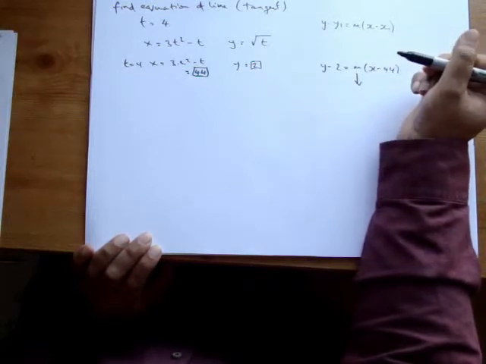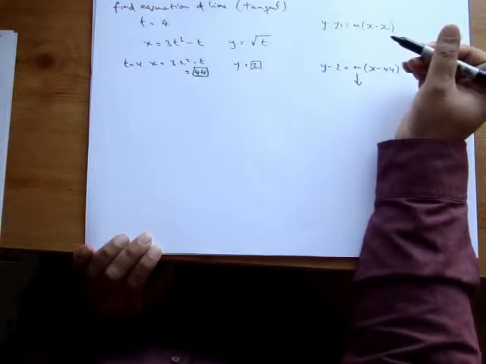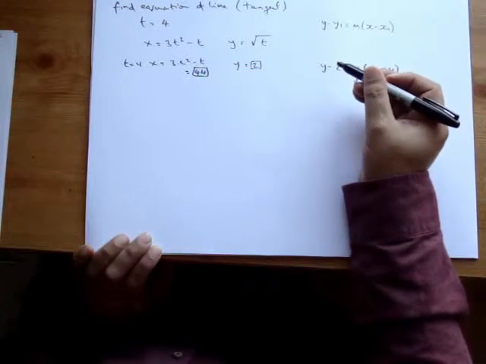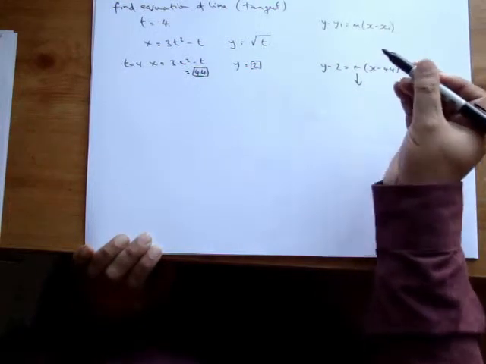Now we need to find m, which is the slope, and to do that we differentiate.